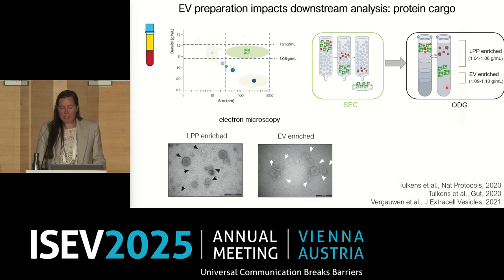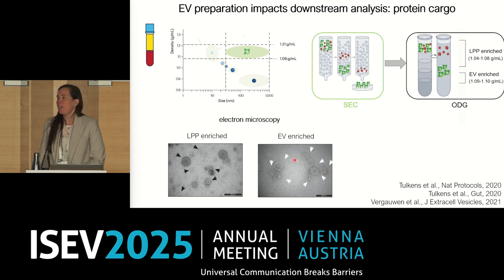Now let's first have a look to the different fractions that we obtained with the density gradient centrifugation. And we analyzed the lower density fractions and the higher density fractions, where we observed on the top fractions abundant presence of lipoprotein particles, and in the higher density fractions, the extracellular vesicles.